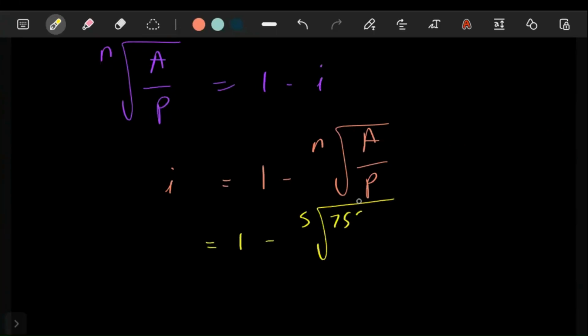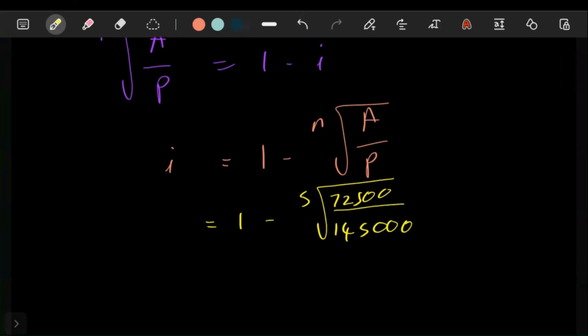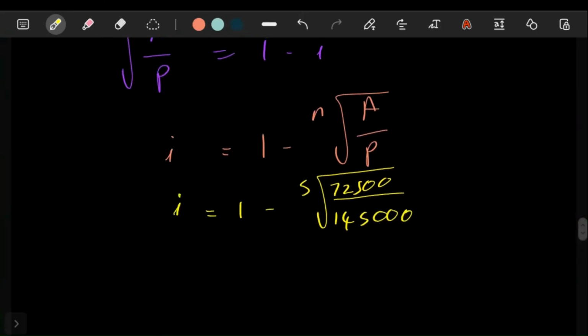But anyway, so here 1 minus the fifth root. A is 72,500 and then P is 145,000. And then here you have the value of I, which we will multiply by 100 after the final answer. 1 minus, shift square root symbol, put a 5 there, fraction, 72,500 over 145,000, and then we have 0.